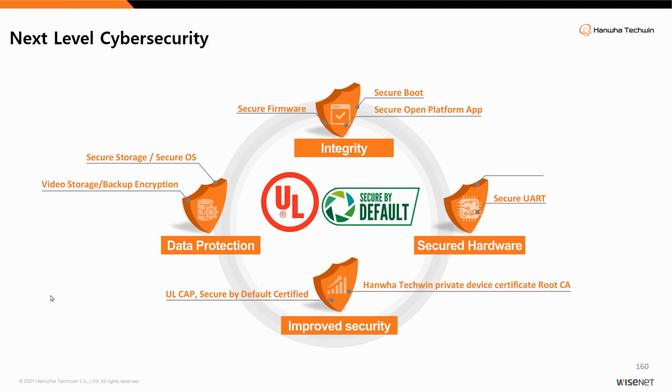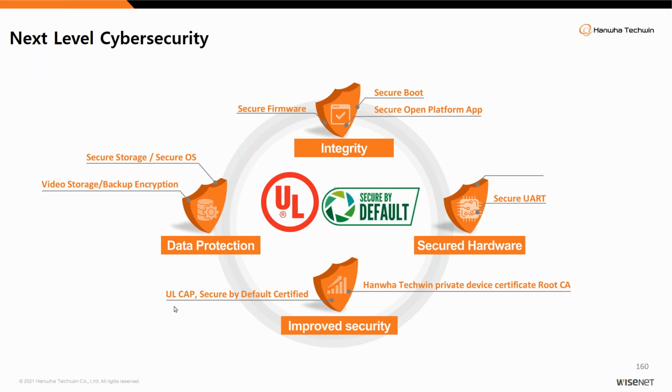To be very specific, it is called UL CAP certification, Cyber Security Assurance Program. Okay, UL CAP certification, and this is a third party agency certifying the cameras are secure, meeting the cybersecurity standards, requirements, and so on.